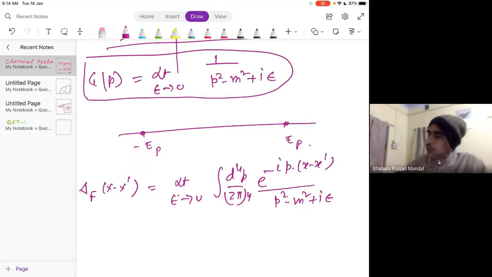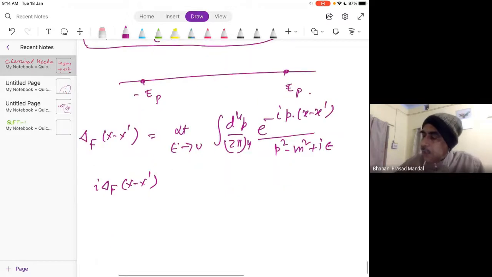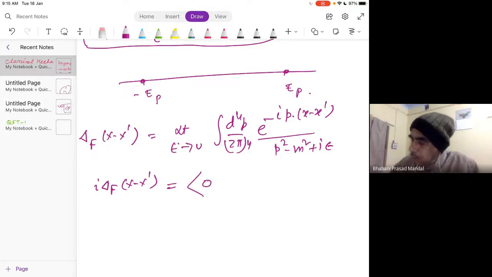So this P0 integration is the problem. Feynman simplified it by performing the P0 integration and obtained a result, which I am going to write, and this result is important for our course. There is a complex unit i multiplied with this, and the result came out very simple, though a lot of algebra is involved.